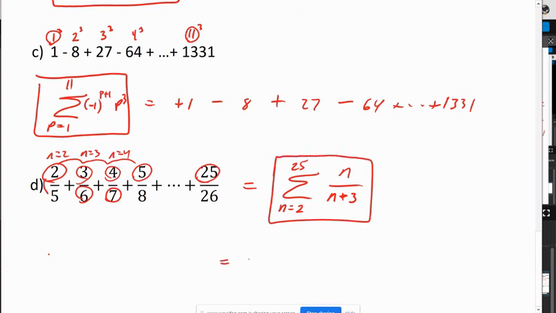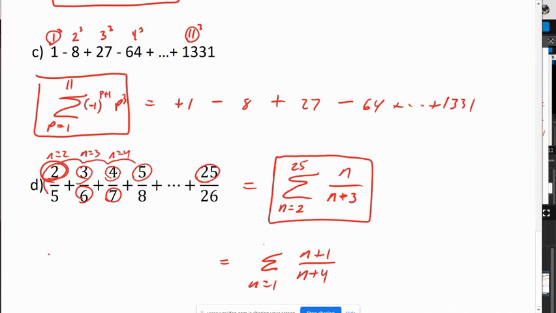If you wanted it to start with 1, then we could do this. On the top, to make a 1 into a 2, we would have n plus 1. And then the number on the bottom needs to be 3 units larger than that, so that would be n plus 4.